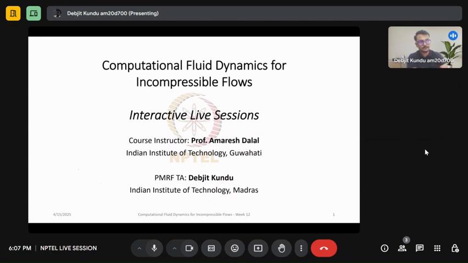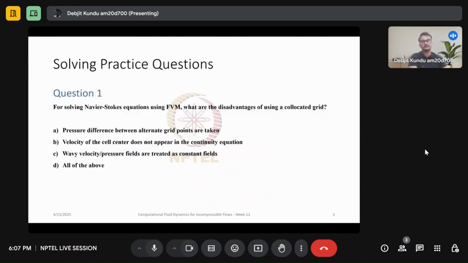Alright, so without any further ado, let's move on to the first question of today's session, which is asking us that for solving the Navier-Stokes equations using finite volume method, what are the disadvantages of using a co-located grid?